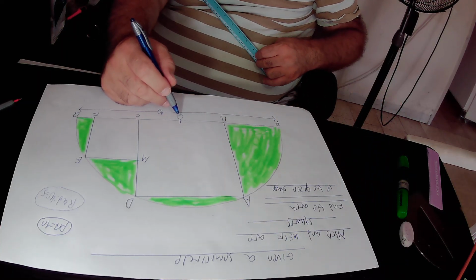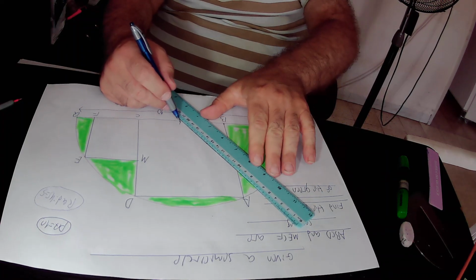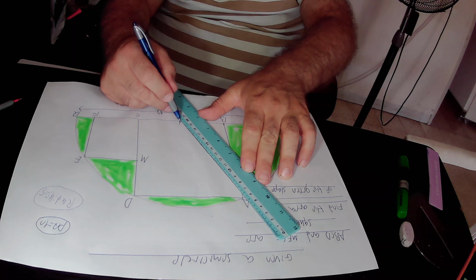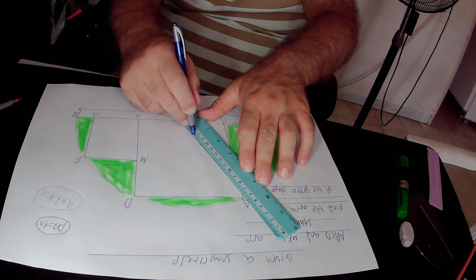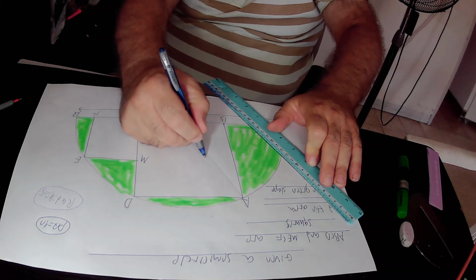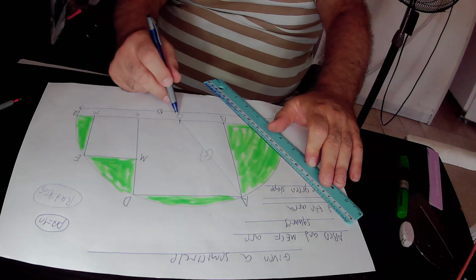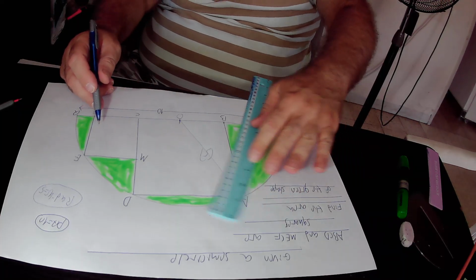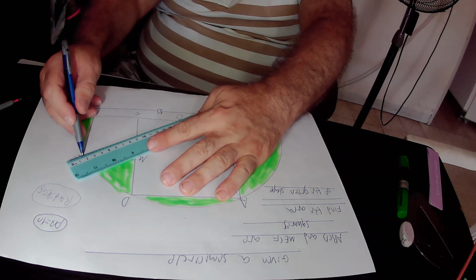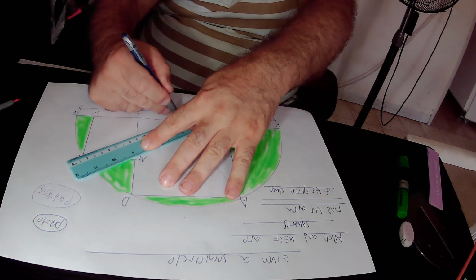Point O is the center of the semicircle, point A is a point on the semicircle itself, therefore OA is of course the radius of this semicircle. It is equal to 5 units in its length. Likewise, we join points O and E together by a straight line. OE is, of course, also a radius of the semicircle. It is equal to 5 units in its length.